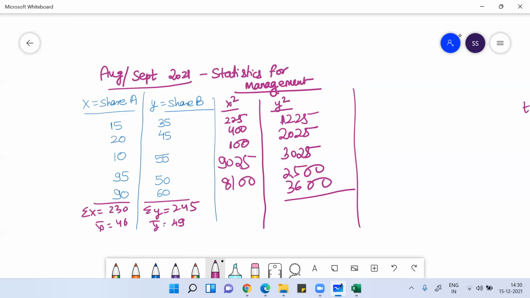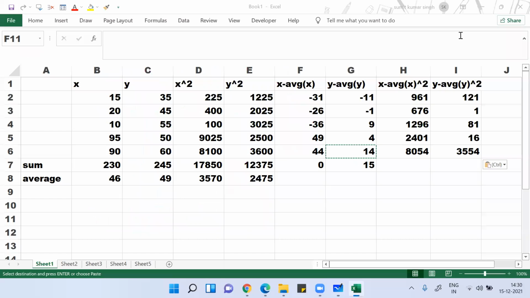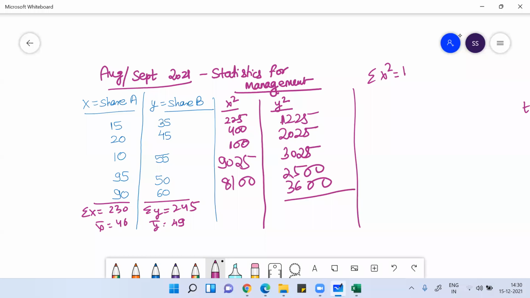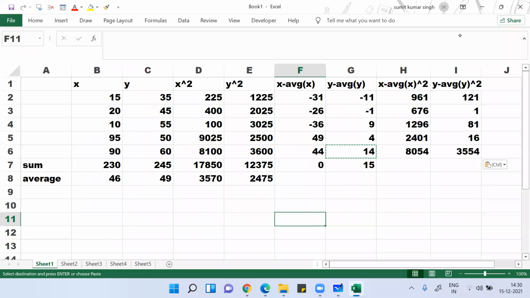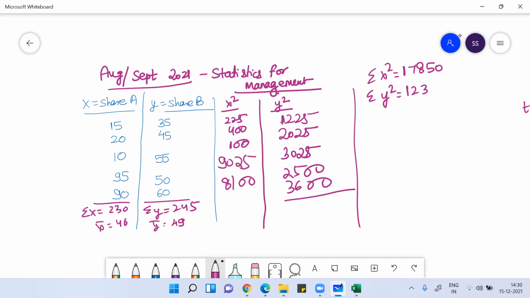So the sum of x square you got is 17850, and the sum of y square is 12375. So you can find the sum of x square and the sum of y square.